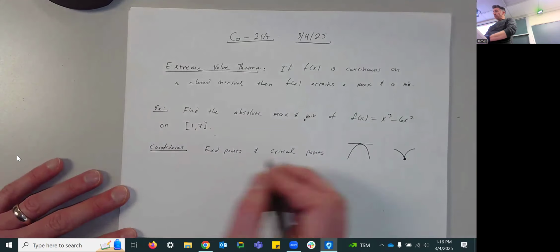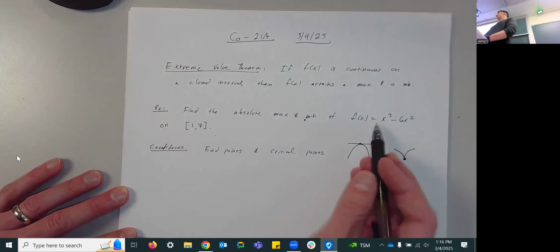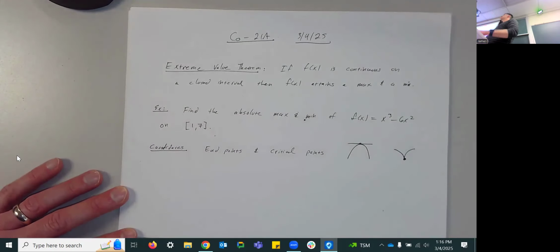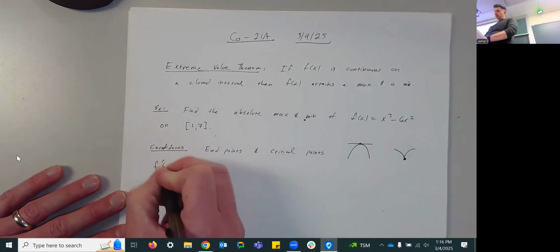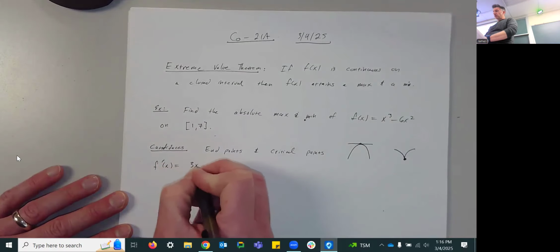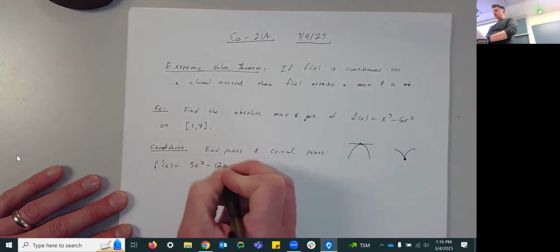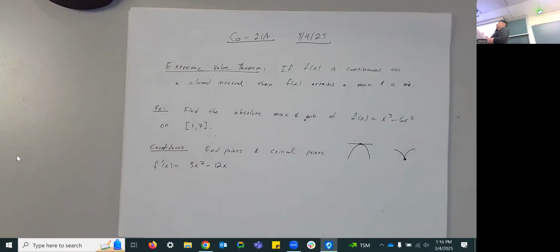So to find those, we're going to take the derivative of our function and set it equal to 0, or see where it's undefined. In this case, our derivative is 3x squared minus 12x. We can see that that derivative is never going to be undefined. It's a polynomial, there's no division by 0, there's no logarithms, there's no square roots, so we have no issues.